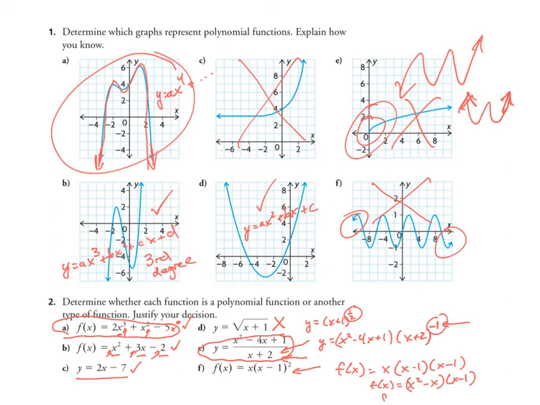Or I can say this is equal to x cubed minus 2x squared and plus x. There we go. And yeah, this is a third degree polynomial. So yep, this one's good.